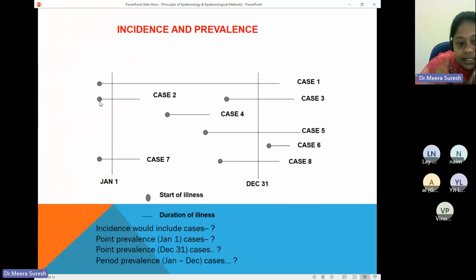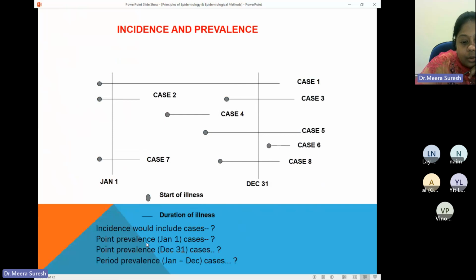Some cases have started before that January 1st, some cases have started after December 31st, and some cases have started in one particular year and extend into the next year. So this is the total scenario.